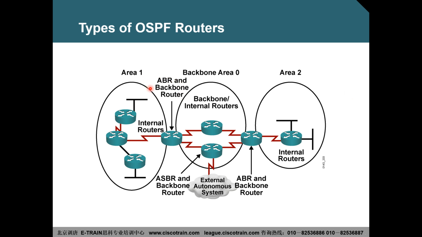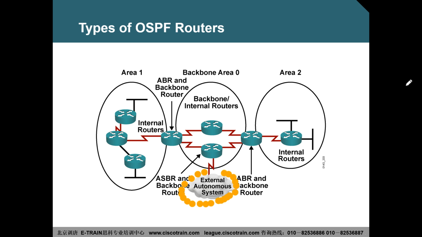Types of OSPF routers. As I said, this is an ABR, area border router. This is another area border router. What about this one? This one is the border between OSPF and the external autonomous system.